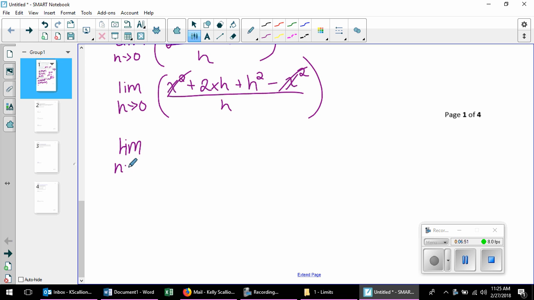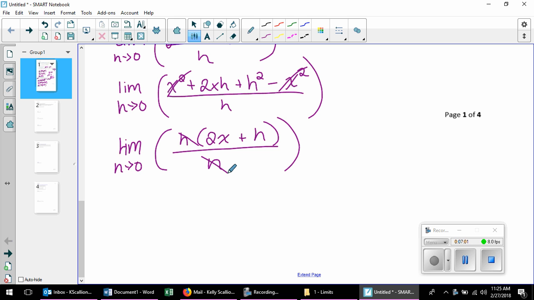The limit as h approaches 0. I'm going to common factor an h because we've seen this magic before. What happens to the h's? They divide out, they equal 1. So we're finding the limit as h approaches 0 of 2x plus h. Do direct substitution, what do you get? 2x. So this is going to equal 2x, if we do direct substitution, h equals 0.